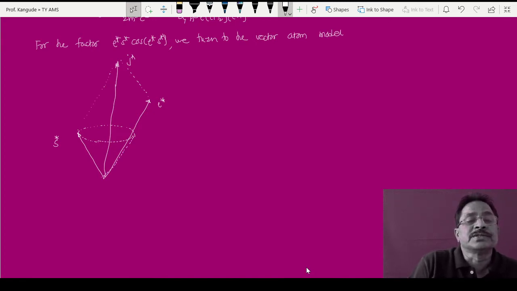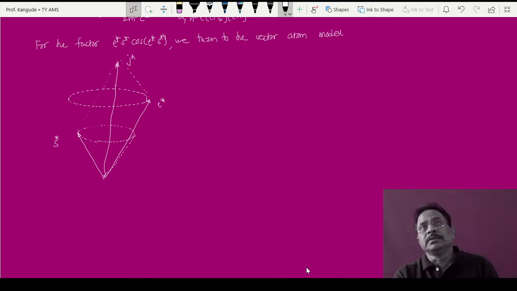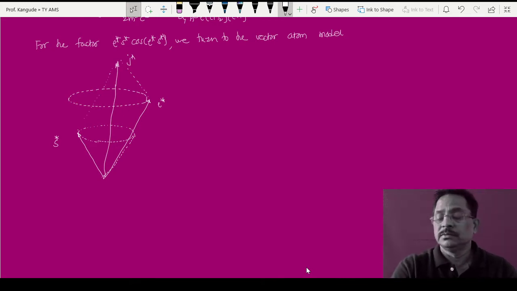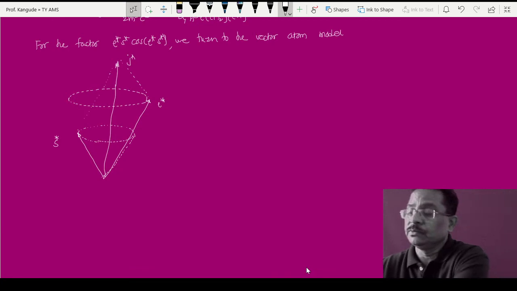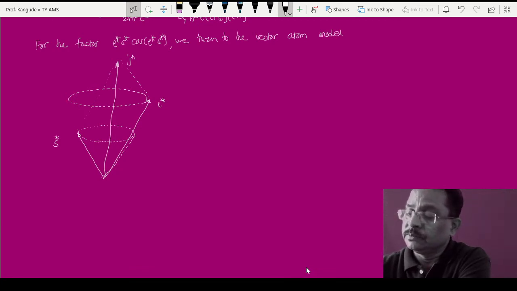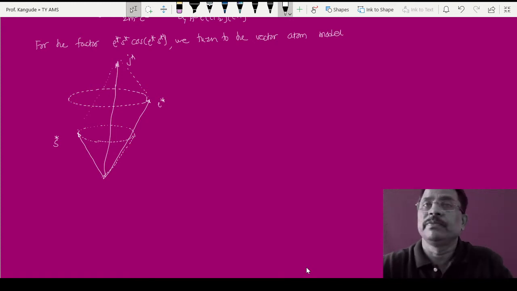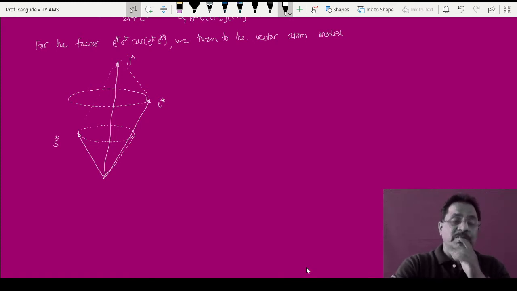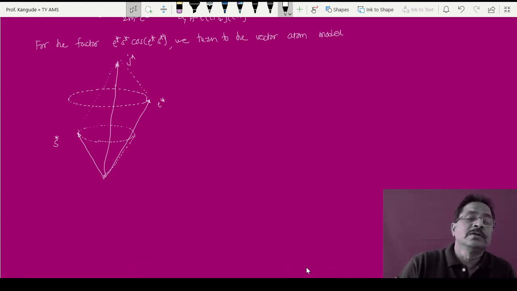Similarly, this L star also rotates about this J star in such a way that it also forms one such cone. So complete this cone too. This is the vector atom model where we have taken this.